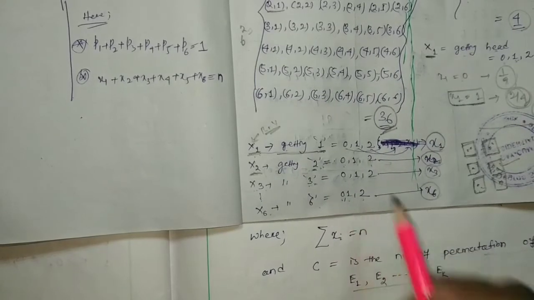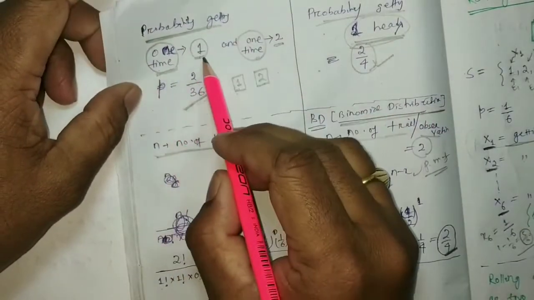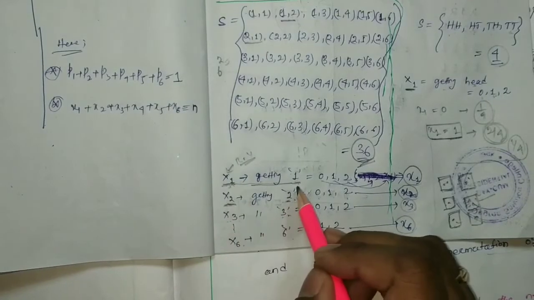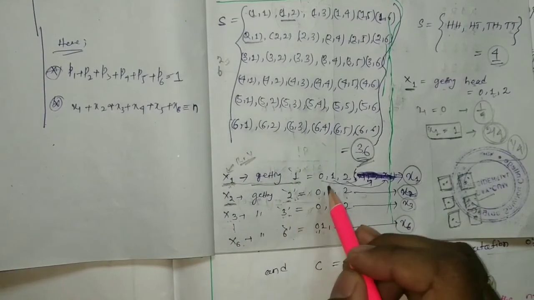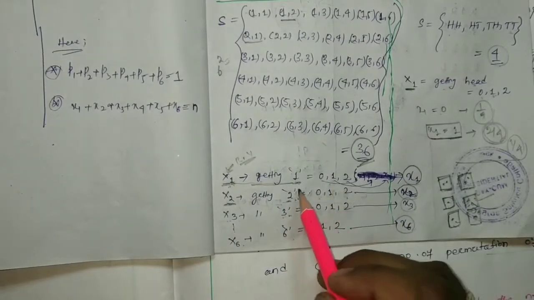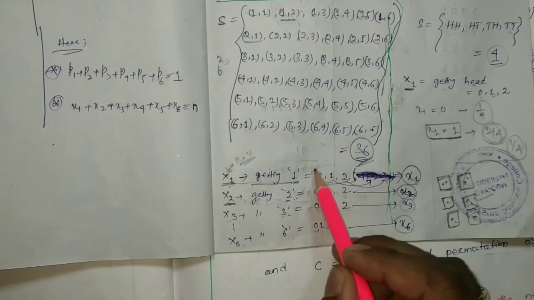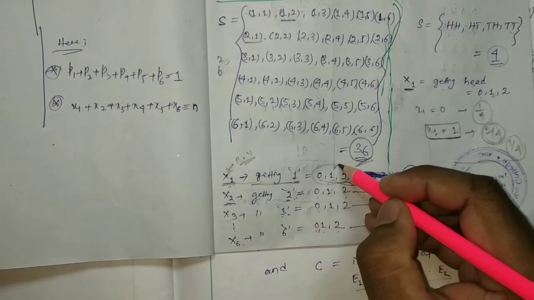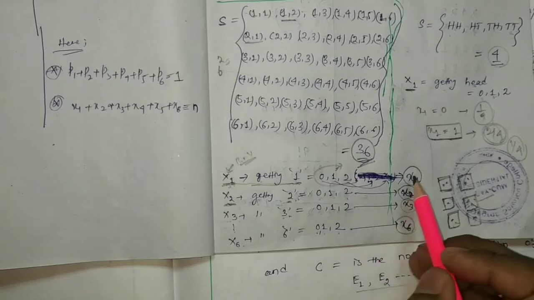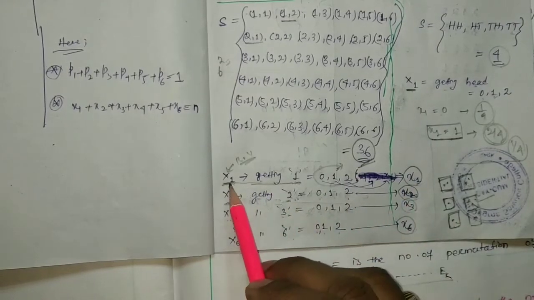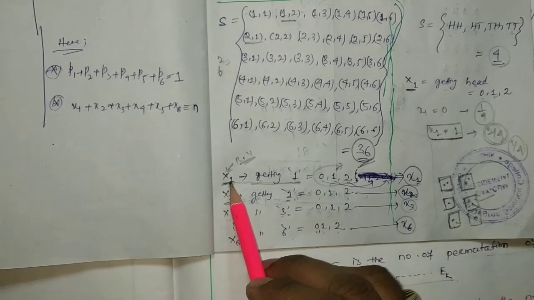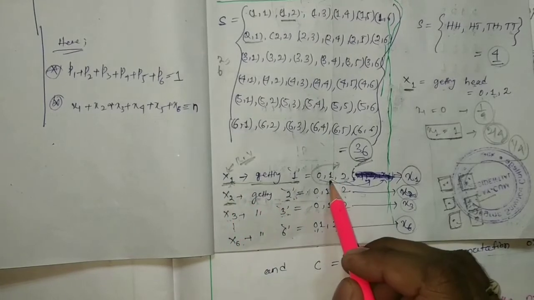In our question we want 1 time 1 and 1 time 2. So capital X1 represents 1 and the values are 0, 1, 2. Which value have I considered? I considered 1, right?